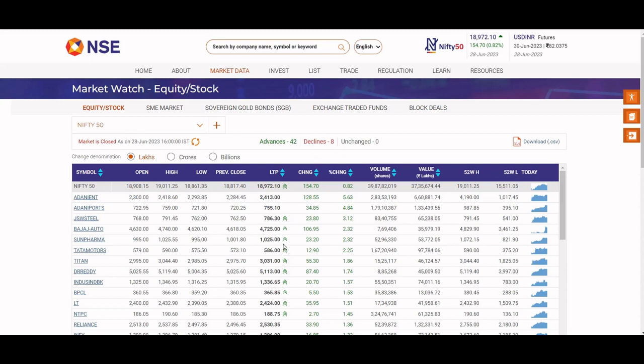If you decide to invest in Nifty 50, as I said, there is no underlying stock available for Nifty. So either we can buy all these 50 stocks by investing as per the weightage of the Nifty 50.